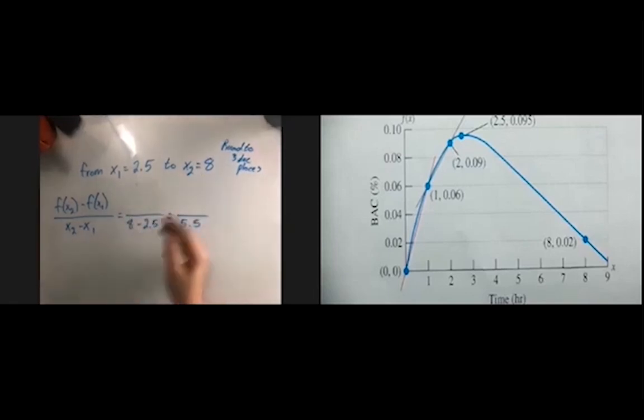When x is 8 for x2, we have the point 8, 0.02. When x is 2.5, we have a y function output of 0.095.